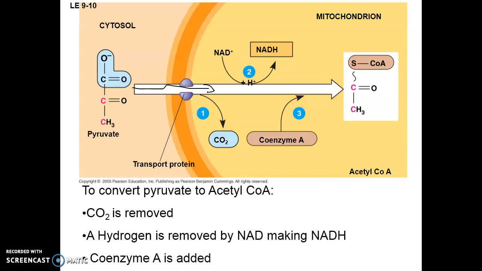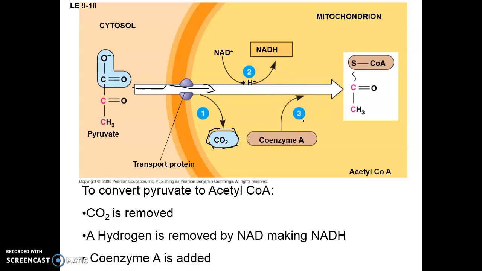Then 3 things happen to pyruvate. It loses a carbon dioxide, which I showed you on the previous slide, and a hydrogen is taken from it. So that's an electron: NAD grabs a hydrogen from the pyruvate. And then last but not least, something called coenzyme A is added.